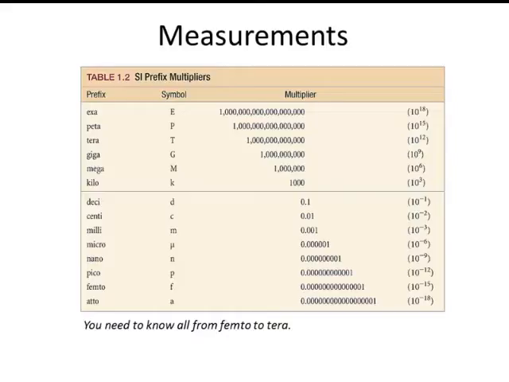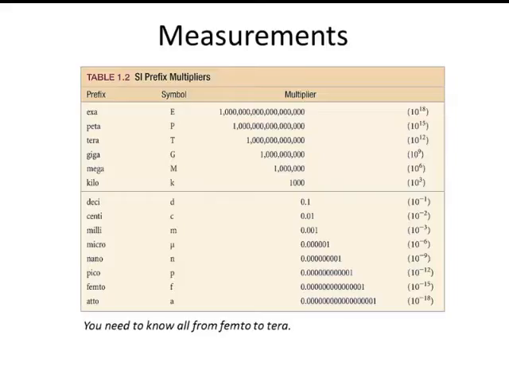So another thing we have to look at when dealing with measurements is something called prefix multipliers. All right, you're going to need to know all of these from femto to tera. Now with prefix multipliers, this is going to be an easy way to represent numbers using units rather than writing out these long numbers.